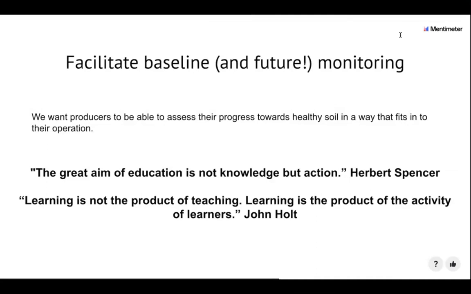But just for the planning process, it's really about empowering the producer to be able to take this process on going forward after the planning process. And so even though we're not all trained as educators necessarily, we will be facilitating understanding of why things are important, and what's needed.